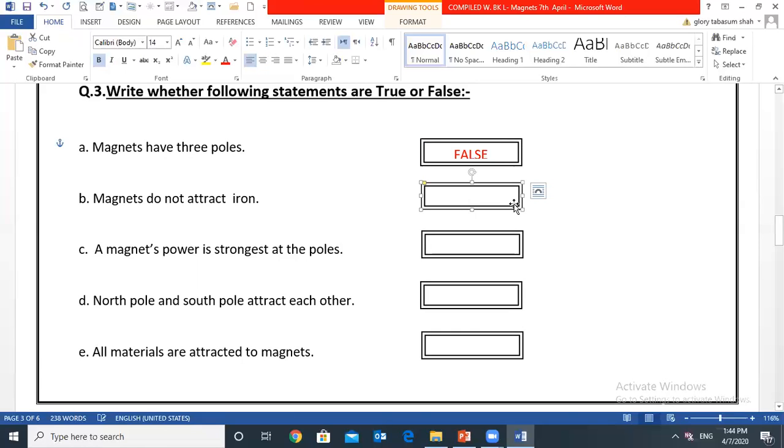Magnets do not attract iron. True or false? Again false. This is false statement. Number 3. A magnet's power is strongest at poles. Yes. True.